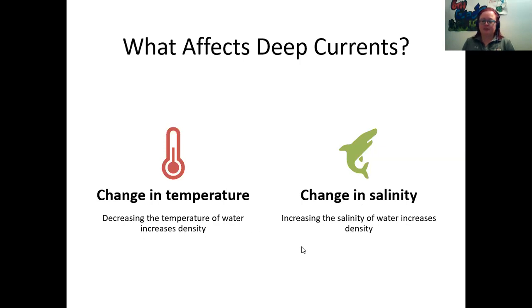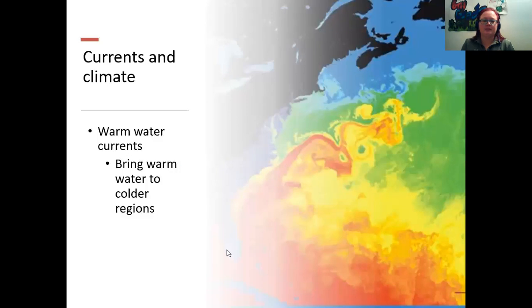Water becomes more dense the more salt there is in it. That's why in the Dead Sea, because it's full of salt, you can float without sinking.